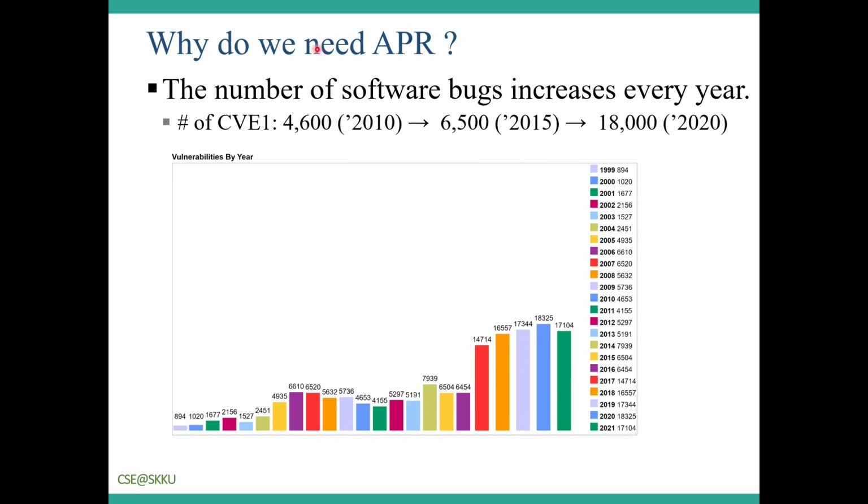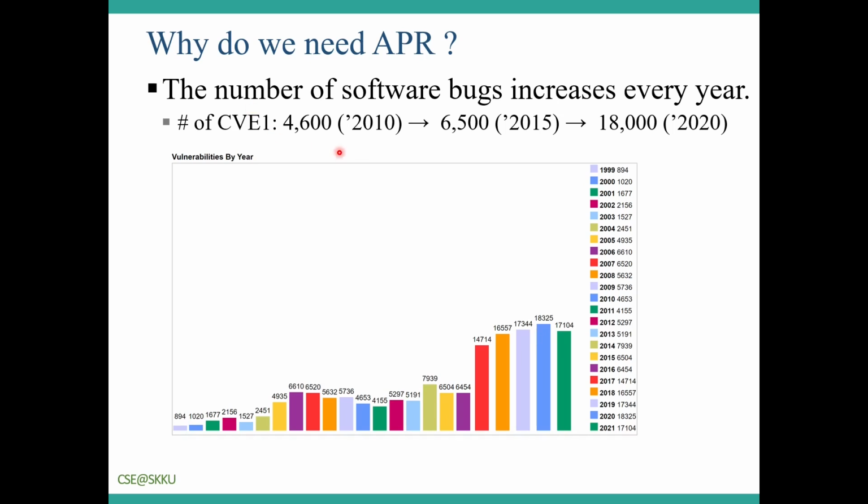Every year, the number of software vulnerabilities is growing rapidly. As you might know, CVE stands for Common Vulnerabilities and Exposures. It is used to identify and catalog publicly known security issues in software. So this graph shows the number of CVEs reported in each year.